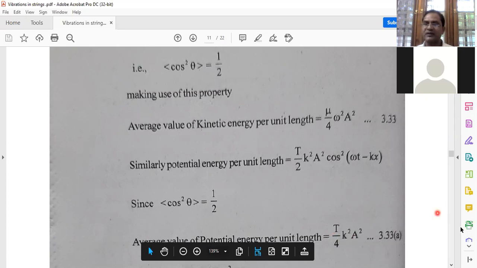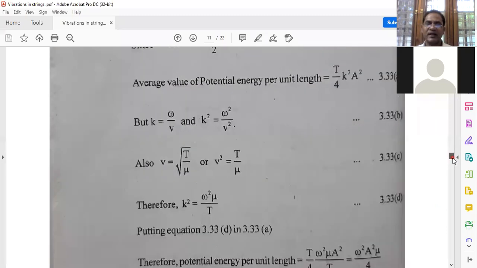Right. Then the total energy per unit length is obtained by adding these two.